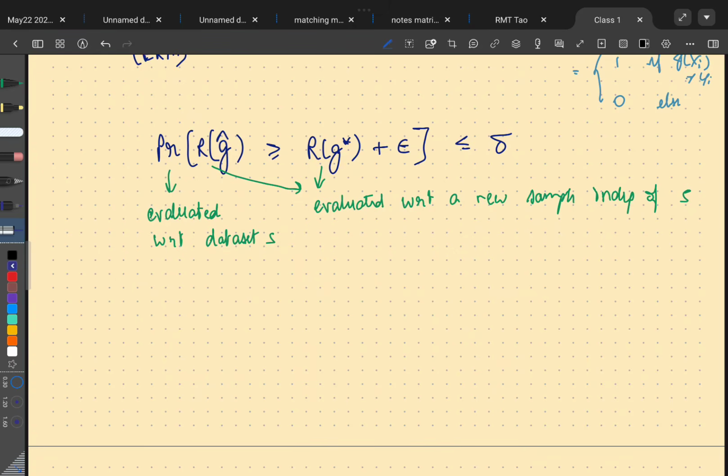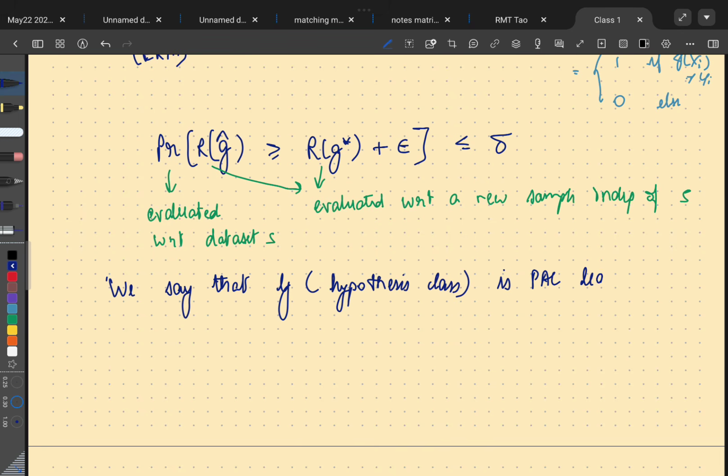So we'll say that a class of classifiers, or a collection of classifiers, which is also going to be called a hypothesis class, is PAC learnable if the following happens.